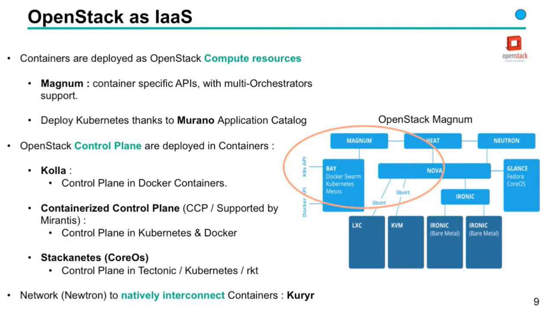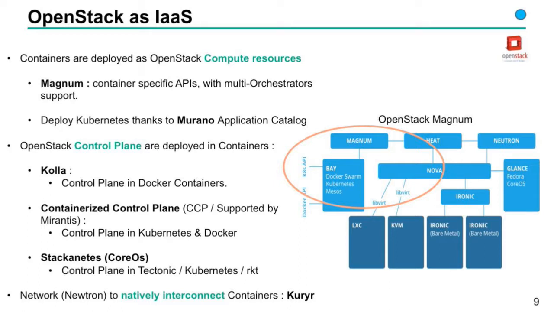First, as compute resources, we have Magnum that enables the orchestration of compute resources via Docker containers today, or Mesos or Kubernetes environments. Or you can choose to simply deploy Kubernetes clusters thanks to the Murano application catalog. So both are easy ways to deploy your containers as compute resources.